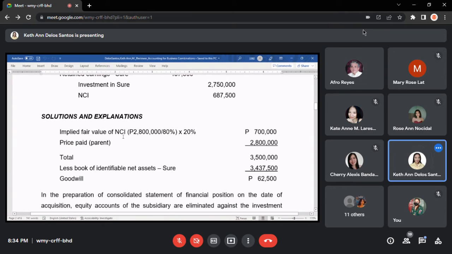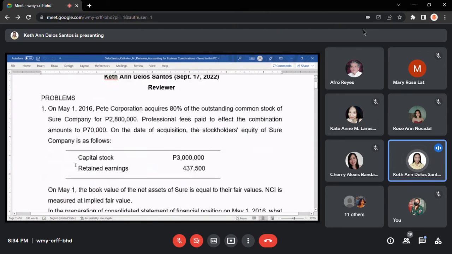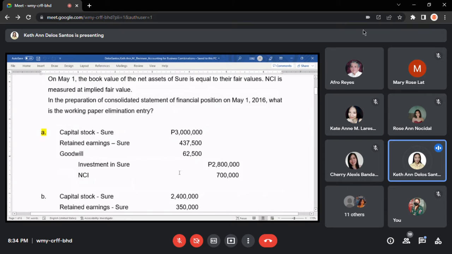Price paid of parent is 2,800,000 pesos with a total of 3,500,000. Less the book of identifiable net asset of Sure, 3,437,500. Paano natin nakukuha tong 3,437,500 is pinag-plus natin yung capital stock na 3 million at yung retained earnings na 437,500 pesos.